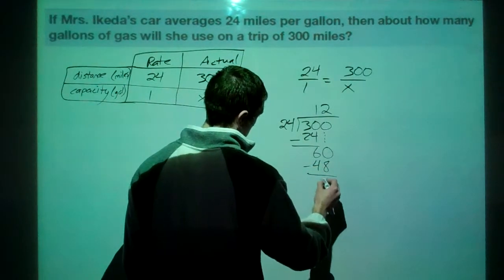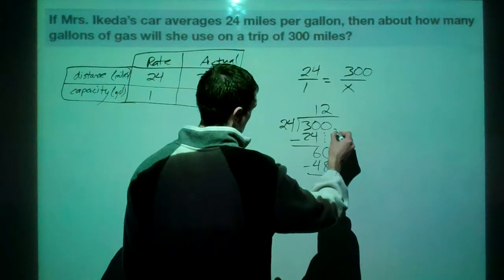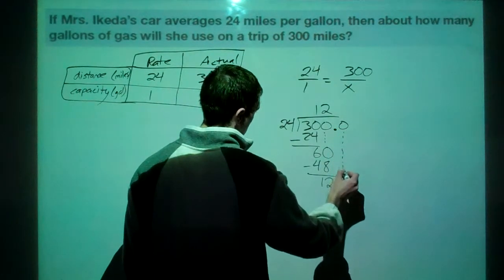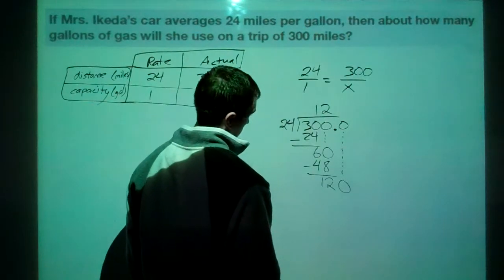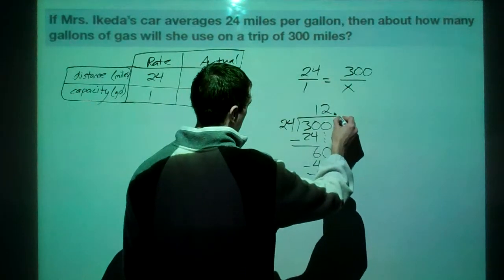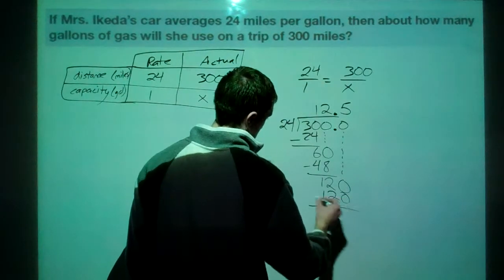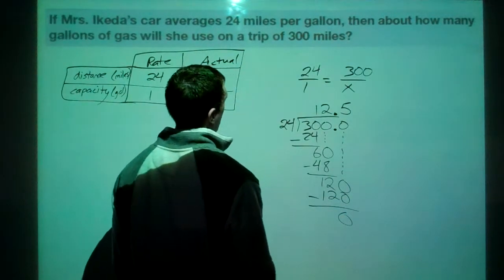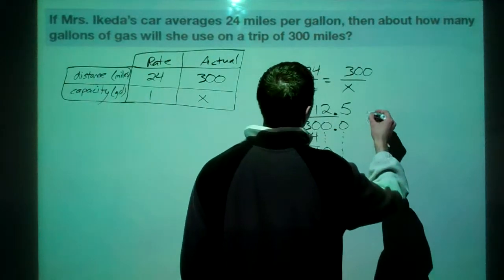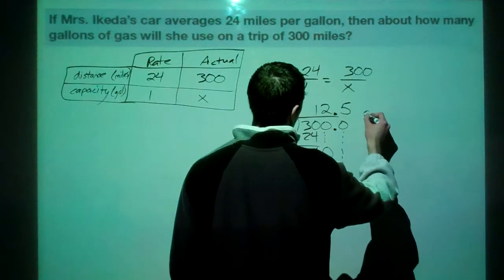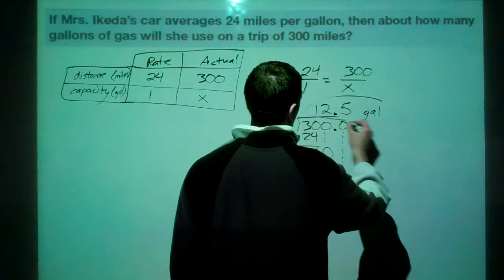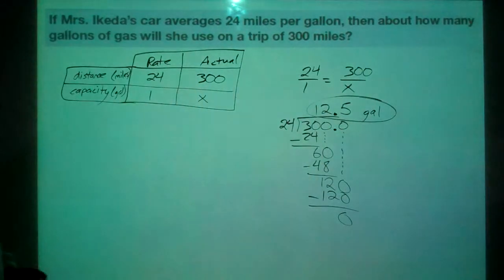Subtract, we get 12. Drop down, 120, looks like that's going to go in there 5 times. Remainder 0. So 12.5 gallons. That's what we should be using there.